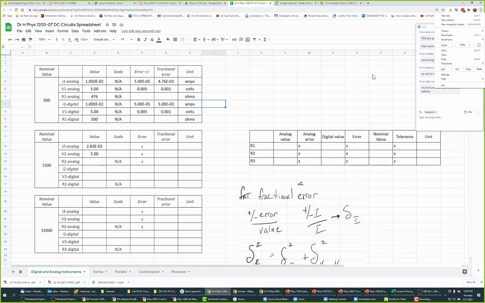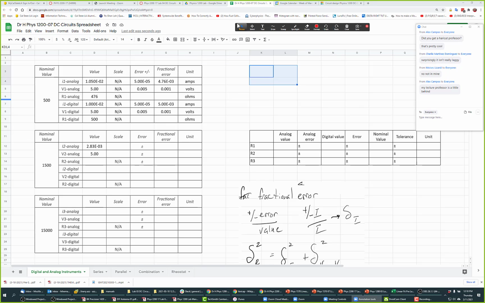Okay. So whenever we add, subtract, multiply, or divide any two numbers, we have R equals V over I, and there's a plus minus V and a plus minus I. So what is plus minus R?